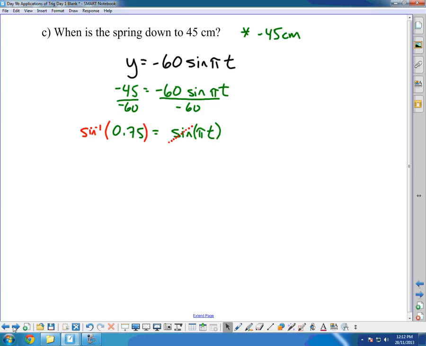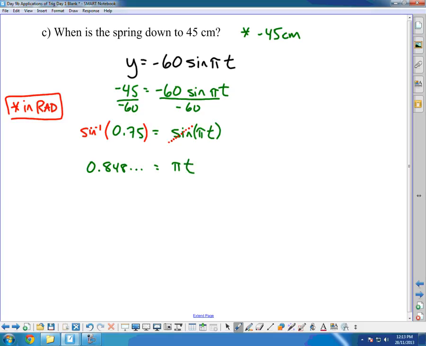Remember that we are in radians on your calculator. It's probably already set there from yesterday, but make sure it is there again today. So we're going to push second function sine and get 0.848... equals pi t.